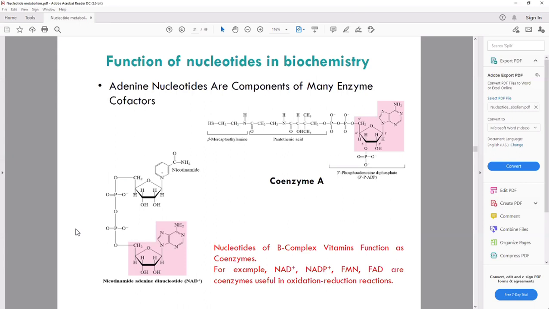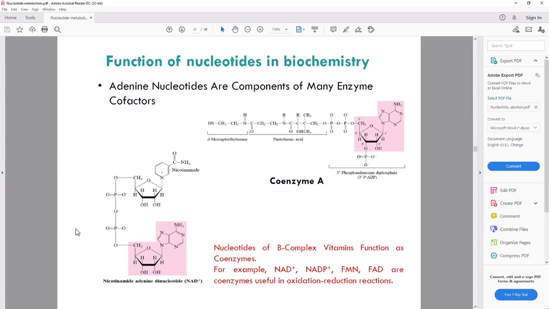Basically, both pathways are precisely regulated events, coordinated by feedback mechanisms. In regulation of biosynthesis pathways, there are two regulation systems: one is feedback mechanism and the other is allosteric regulation.